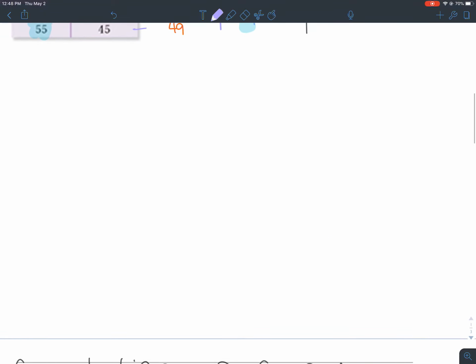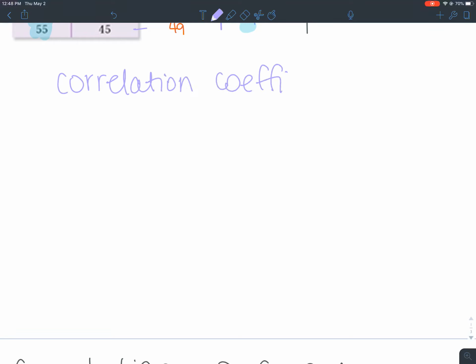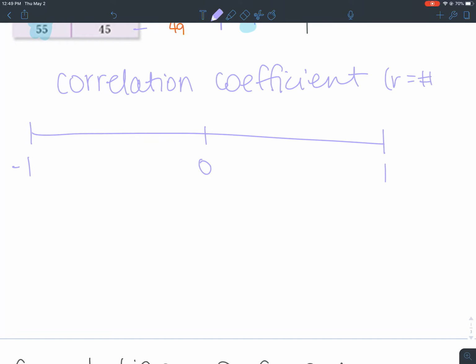All right. Now we're going to talk about this thing called the correlation coefficient. And it's a range of values between -1 and 1. Got 0 in the middle, and it's an R value, and it tells us how well the line describes the data.